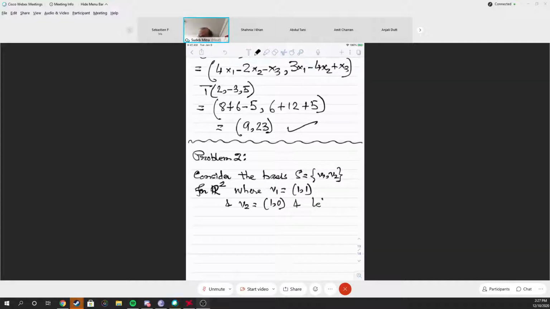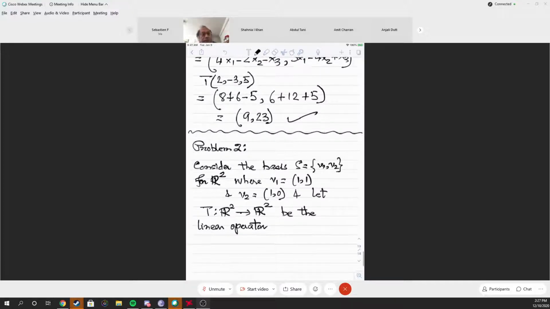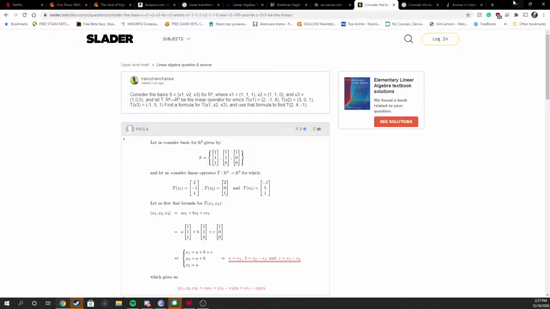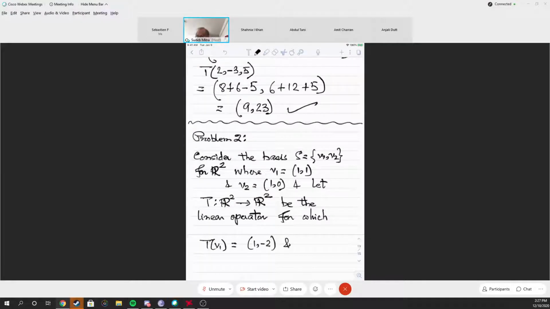And let T from R2 to R2 be the linear operator, because it is R2 to R2, for which TV1 is 1, minus 2 and TV2 is minus 4, 1.